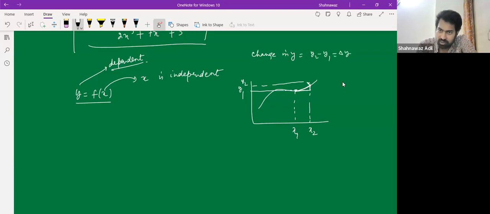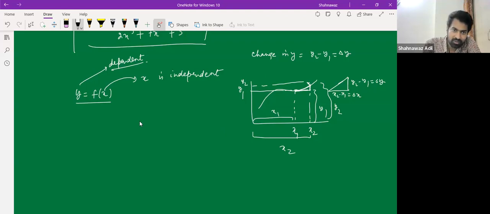This length is y1 and the total length is y2, so the change is y2 minus y1. This length is x1 and this length is x2, so the change is x2 minus x1. This I call delta x and this I call delta y.